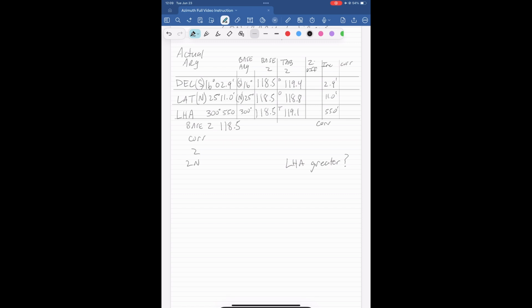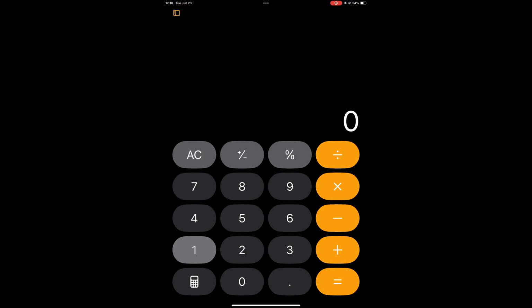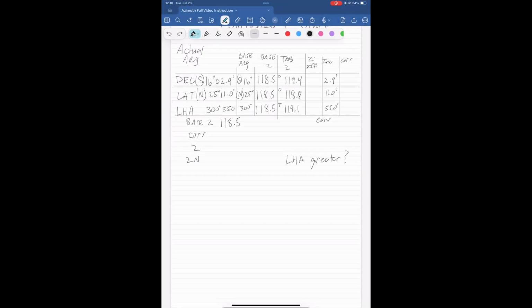All right, so you're going to take whatever number is higher. It can be this column or it can be this column. Whatever number is higher, and you're going to get the difference. So in this instance, it's this one. So 119.4 is higher. So 119.4 minus 118.5. That is going to give us 0.9.